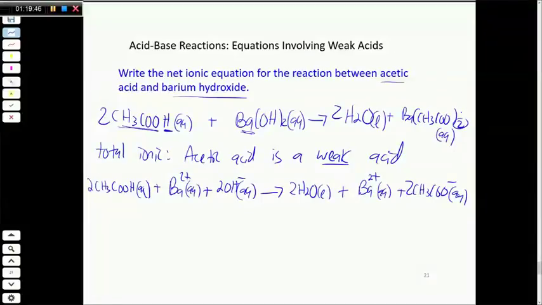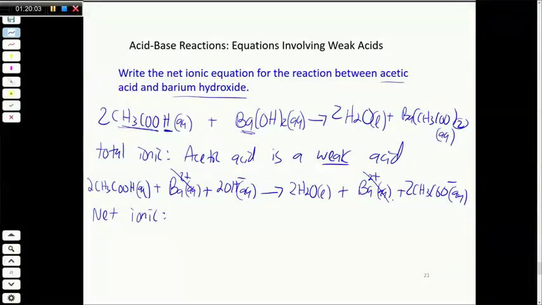So that's the total ionic equation, but we don't want to separate out acetic acid into ions because it's a weak acid. For the net ionic equation, we notice there's only one spectator ion in this case. The only ion that appears on both sides is barium 2+, so we can remove that as a spectator.